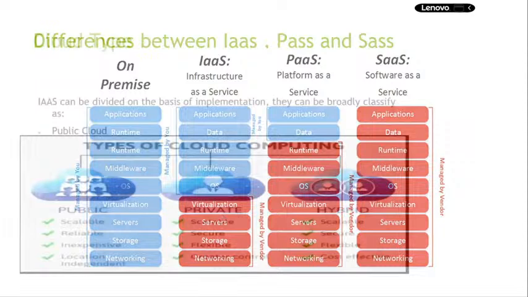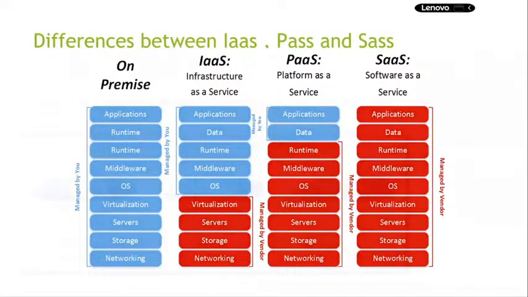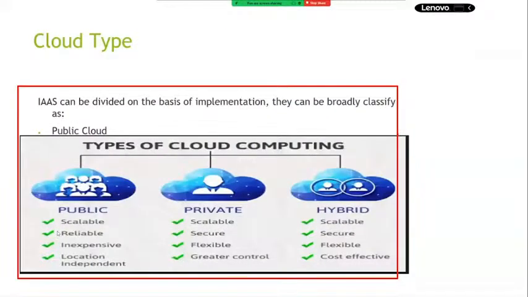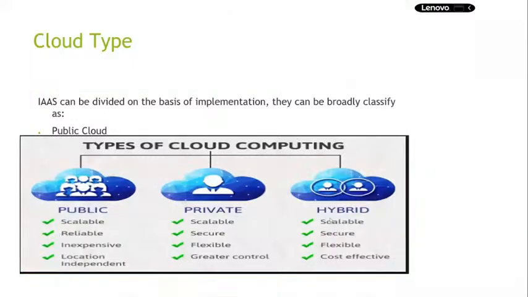Okay, next. See, these are the types of cloud. What are the types of cloud? Public, private, hybrid. What is public, guys? Generic term, right? What is public? Accessible by all. The resources can be accessed from anywhere in the world is called public.